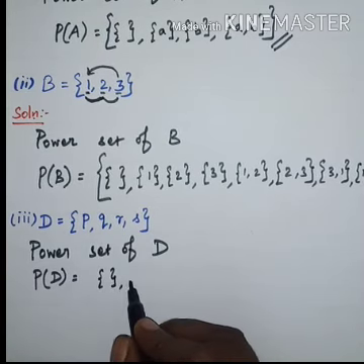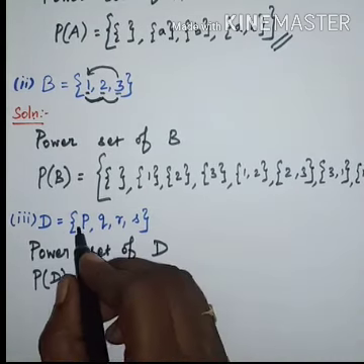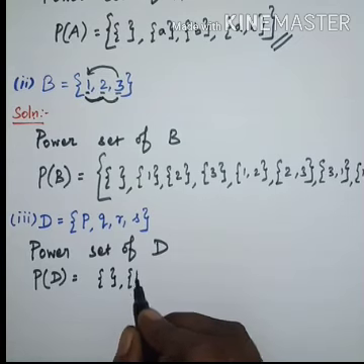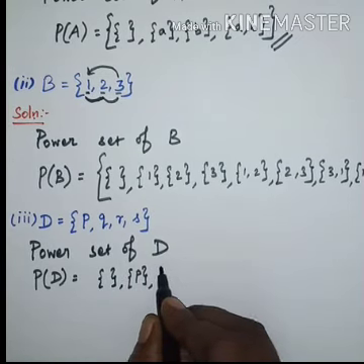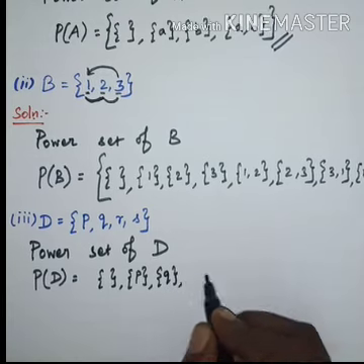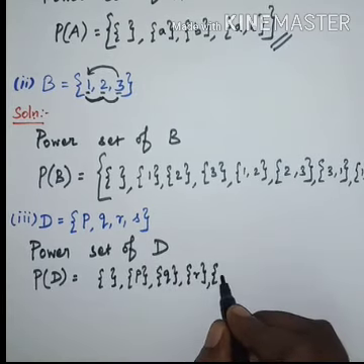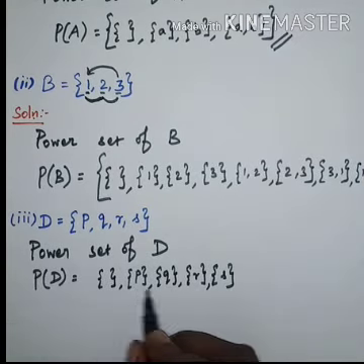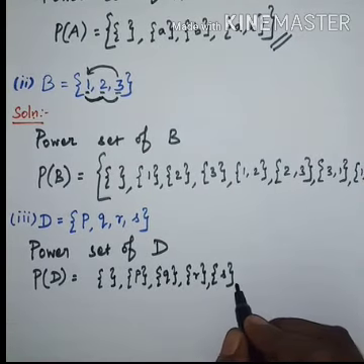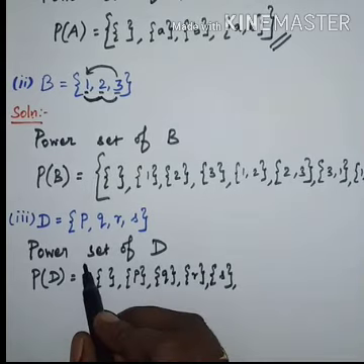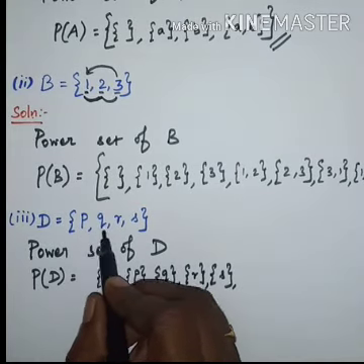First we have to write the single elements. So what are the elements? P, and then Q, and then R, and then the last element is S. So we wrote the elements separately, and now we have to write the combination of elements.